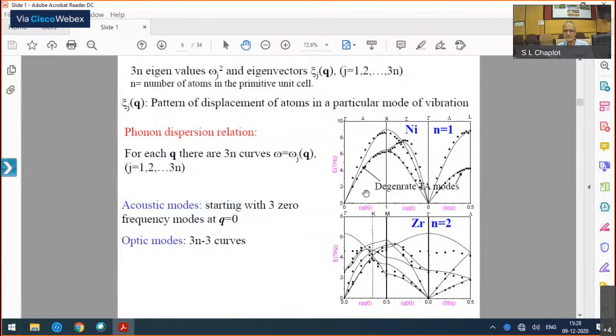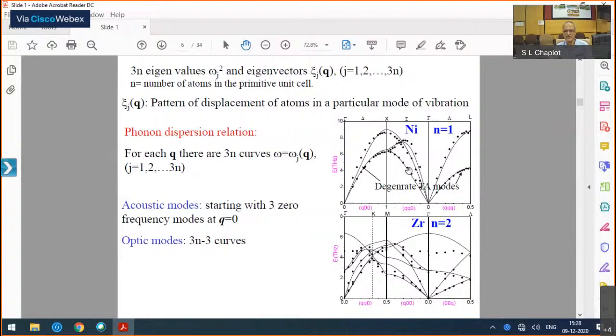The other 2 phonons, which are degenerate, are transverse phonons. Here the displacements are along, let's say, the y and z directions. Because of the symmetry of this cubic crystal, whether the displacement is along y or along z, those 2 frequencies are identical, so you have only 2 frequencies here.